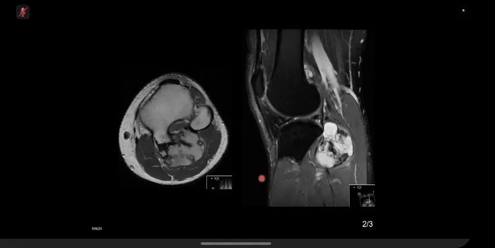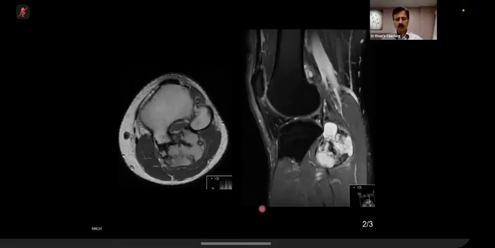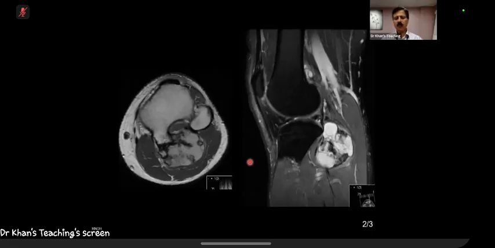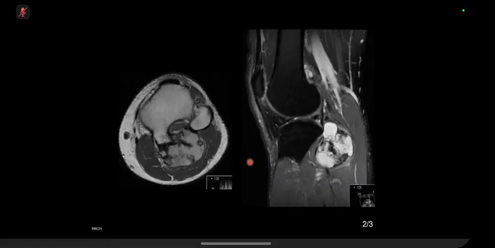The lesion appears to be high signal on STIR and intermediate signal on T1. The cartilage cap appears to be thickened in this case. Excellent. And your conclusion? So I'll be concerned about malignant transformation to a chondrosarcoma. Excellent. And what are we going to do? Send the patient to? I'll send them to a local sarcoma center.